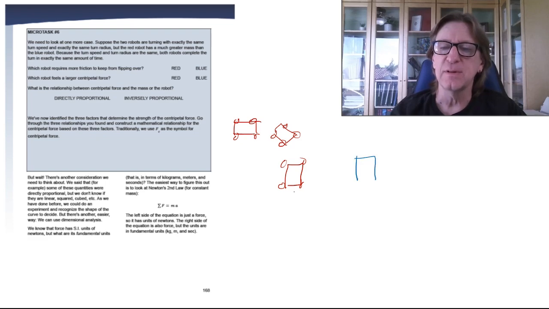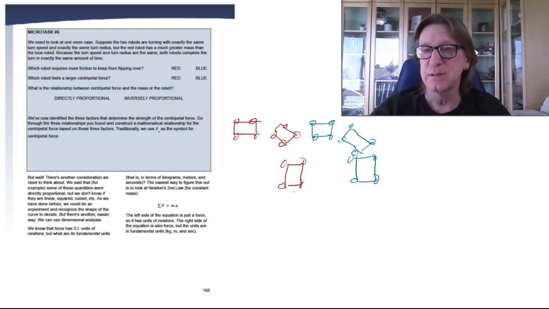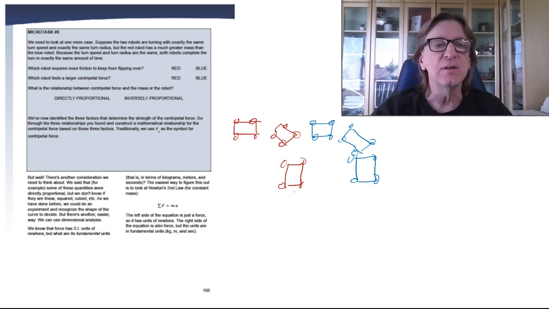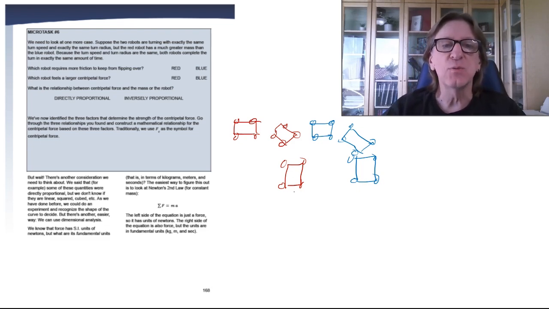So it's here, and then it's here, and then it is here. And furthermore, now we're going to have them have the same tangential velocity. So they've got the same velocity around the track. The difference now is we are going to say that the red robot has a much greater mass than the blue robot. So the mass of the red robot is greater than the mass of the blue robot.